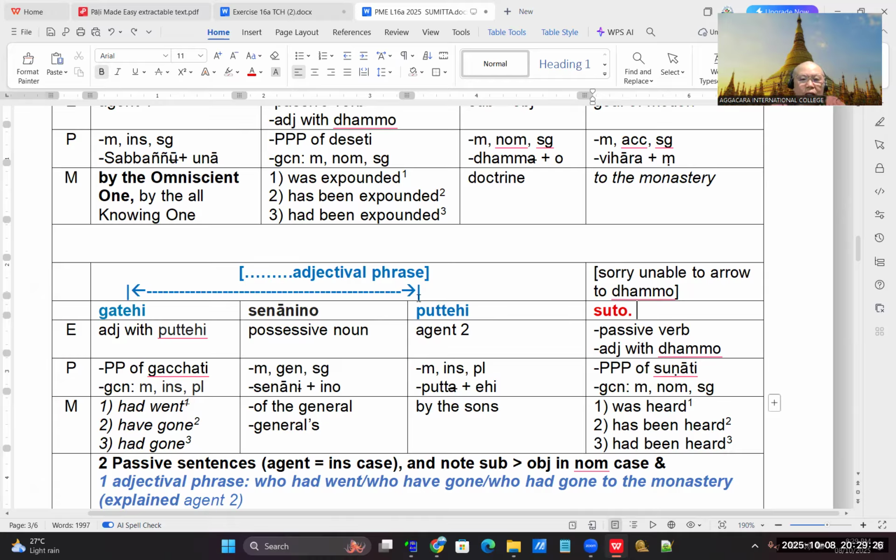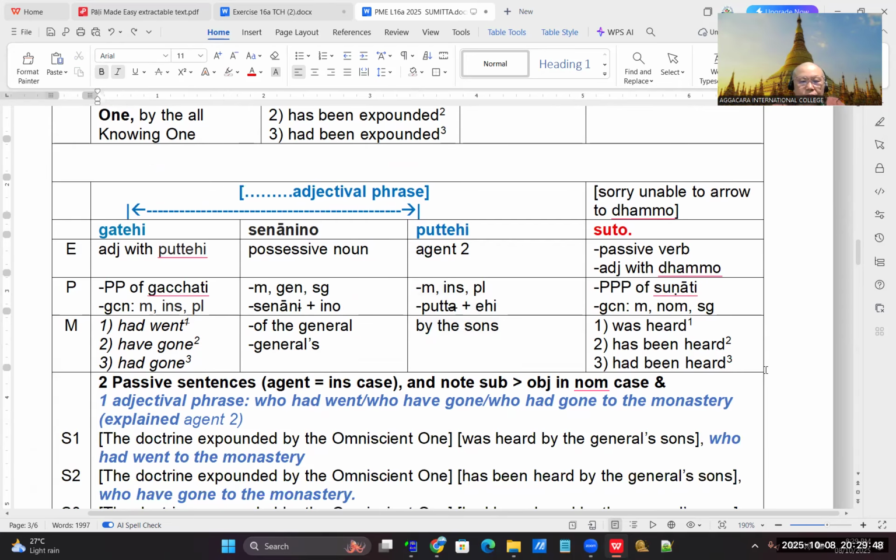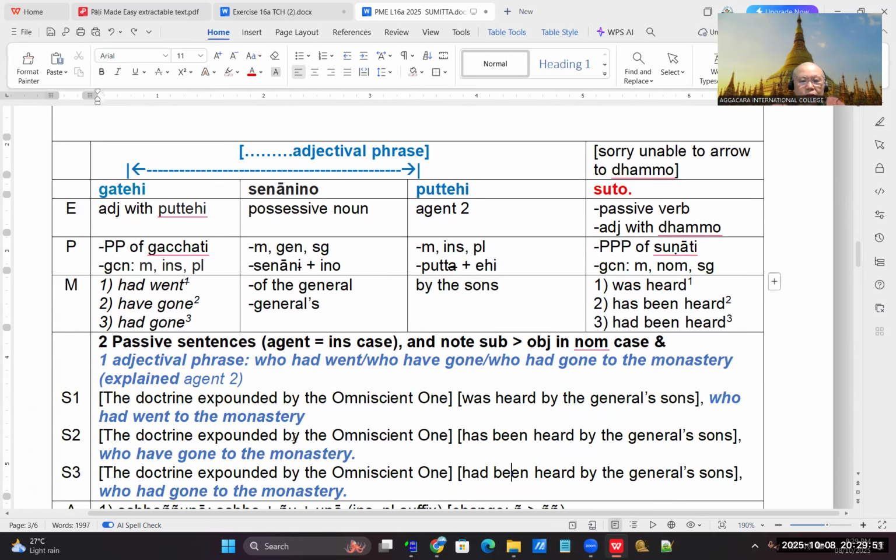Senanino, a genitive. But gatehi is with puttehi. What kind of son? The son that went to the monastery. So gatehi and puttehi should be linked to each other. So the doctrine expounded by the omniscient one has been heard by the sons of the general who went to the monastery. It's okay.